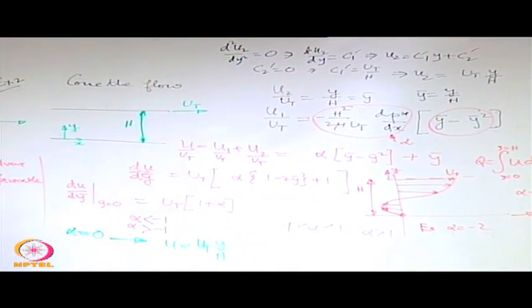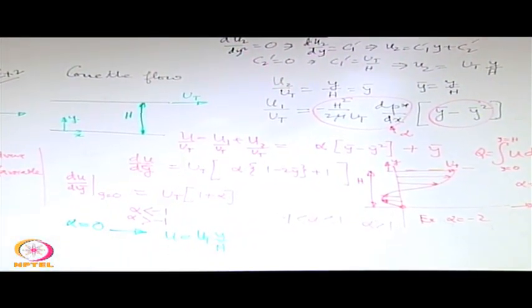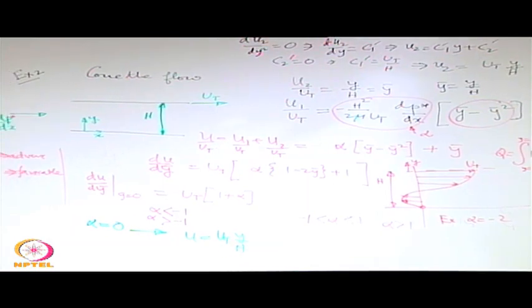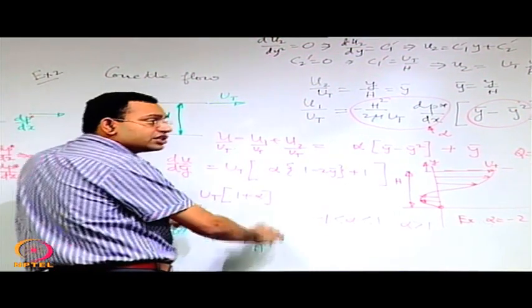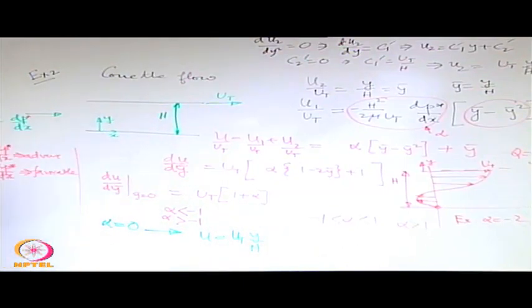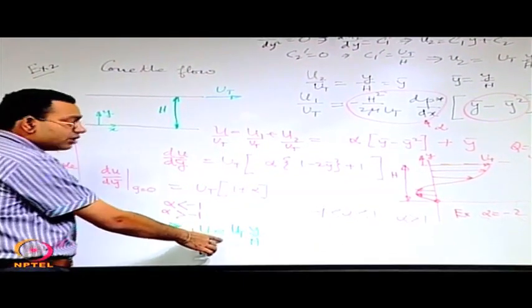This is known as a simple Couette flow, that is a Couette flow without any pressure gradient. So this is a case where only the shear is driving the flow, and the velocity profile for this is linear.